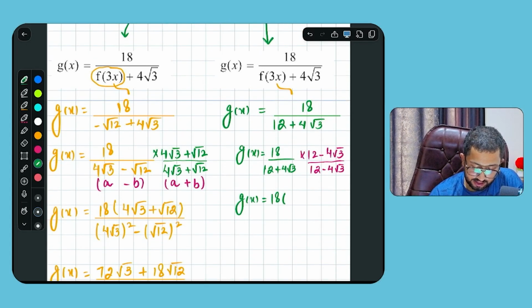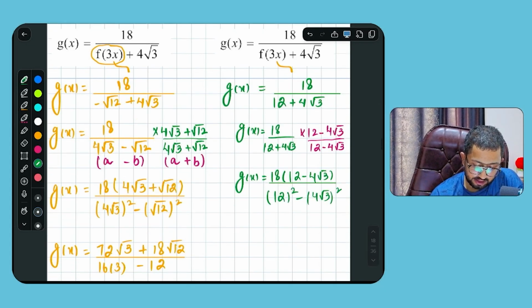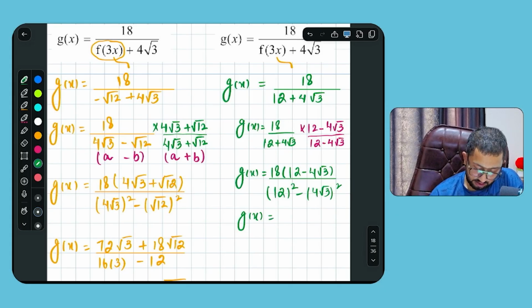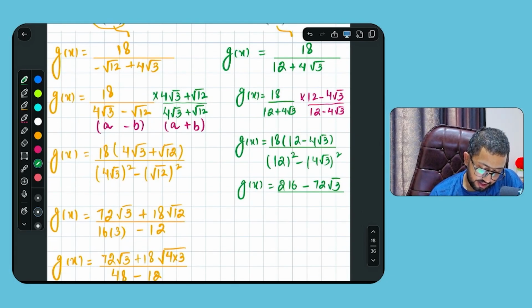So 18 will multiply with 12 minus 4 square root 3, and apply the formula in the denominator, a square minus b square. 18 times 12. All right. 144 minus 48.